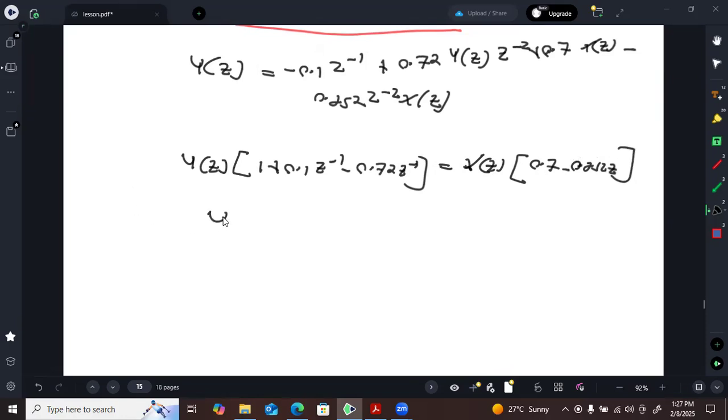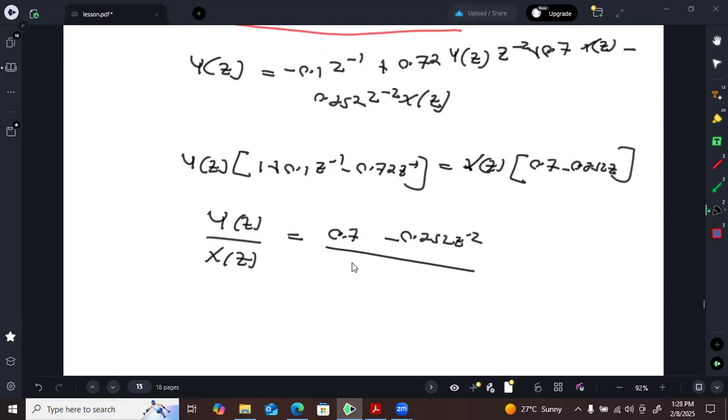Or we have Y of z over X of z equal to 0.7 minus 0.252 z minus 2 over 1 plus 0.1 z minus 1 minus 0.72 z minus 2. So this means that if this filter function was written in the z domain, we'll start our implementation from this point.